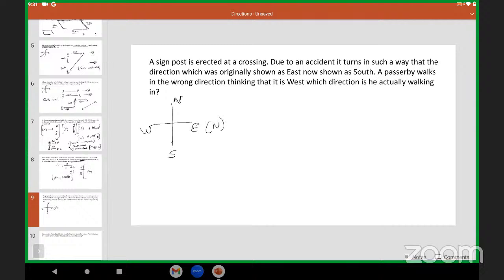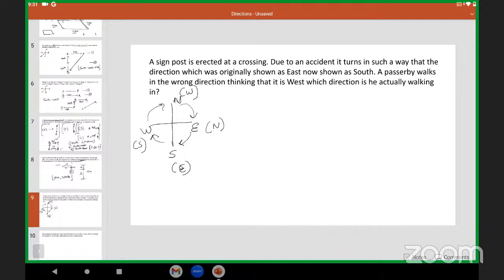So this direction has moved towards here. All the quadrants will move one place at a time. So if this becomes north, this will become east, this will become south, and this will become west. This is how, in general, the wrong directions are supposed to be. If they are moved by two places, similarly it will also be moved by two places.